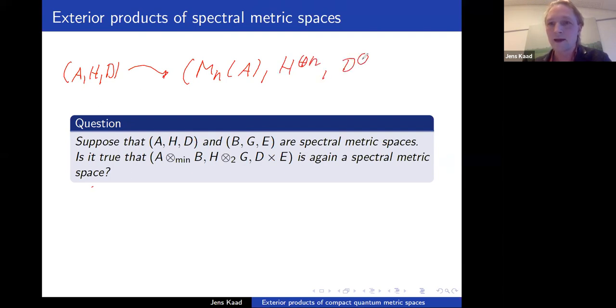And here I have n copies of my unbounded self-adjoint operator acting diagonally. So if this is an even unital spectral triple, this is again an even unital spectral triple. But when n is strictly greater than 1, this is never a spectral metric space. It can never happen.